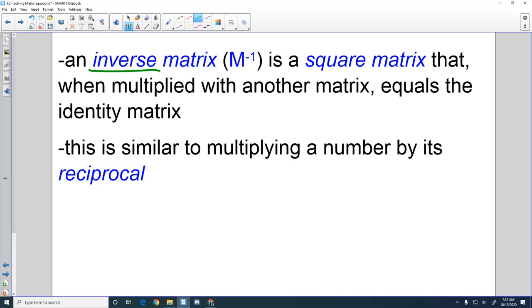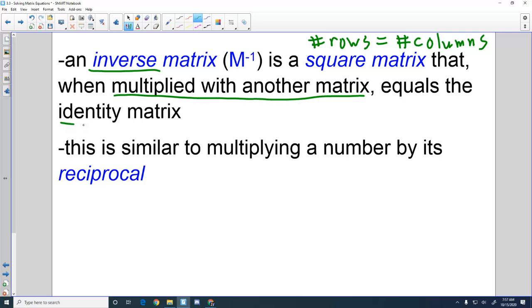So an inverse matrix. It's also a square matrix, just like the identity, right? So the rows and columns have to be equivalent. So number of rows has to equal the number of columns. And it's a special matrix because when you multiply it with another matrix, you get the identity, that 1, 0, 0, 1.